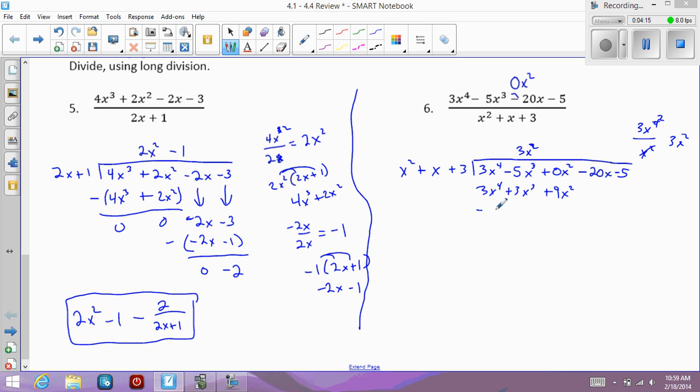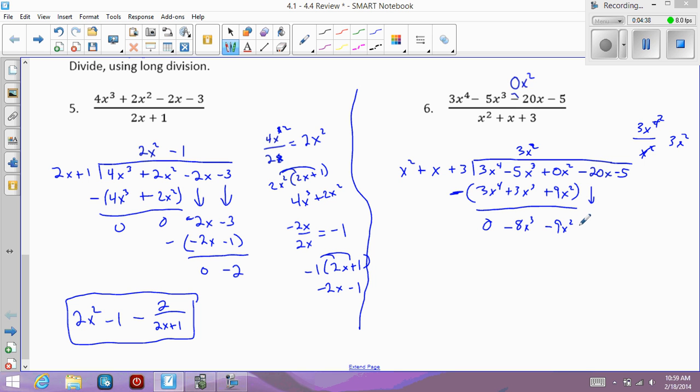So now we subtract, and we subtract in each column, so minus. So here, 3x to the fourth minus 3x to the fourth is 0. Negative 5x cubed minus 3x cubed is negative 8x cubed. 0x squared minus 9x squared is negative 9x squared.